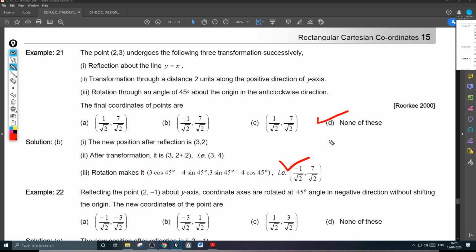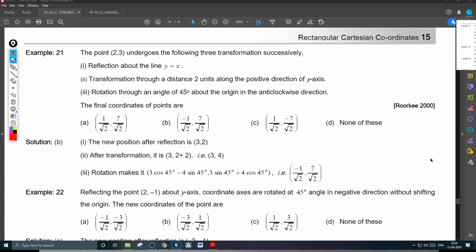D is the answer, but you also check it out once. Because after the second transformation, I have taken this as the original point, but he has taken it as new point. But it is asking for the final coordinates here. Final coordinates means there must be new coordinates only, according to me. Anyway, we'll see that. Next one.